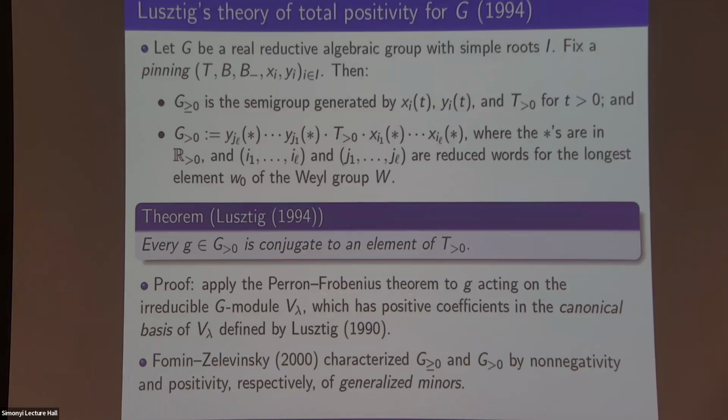So you might also ask, for totally positive matrices, we can describe them as matrices whose minors are all positive, and do we have a similar description of the totally positive part of G? And that was worked out by Fomin and Zelevinsky, who characterized the positive and non-negative part of G by what are called generalized minors.